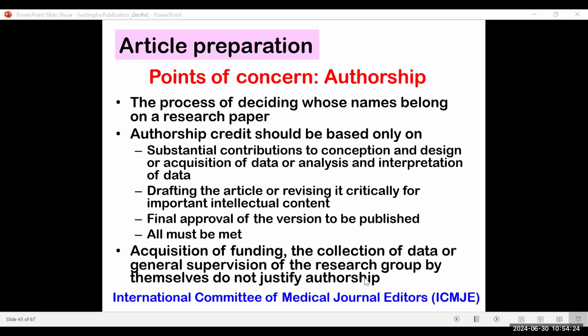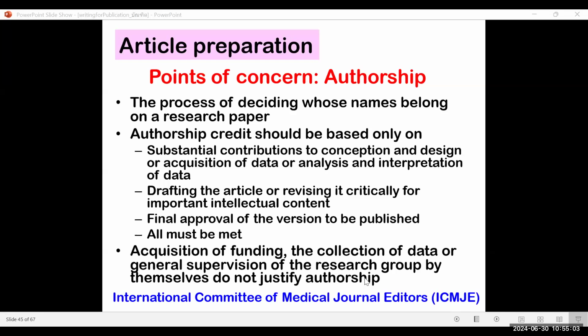And all of the authors that are on the list for this manuscript shall make an agreement. Agree that this one is supposed to be first author, this name is supposed to be second author, etc. Right? But if just one person helps you to collect a questionnaire, he or she need not be listed as an author. Or you ask some of your colleagues or friends, come on, help me to do this statistical analysis.